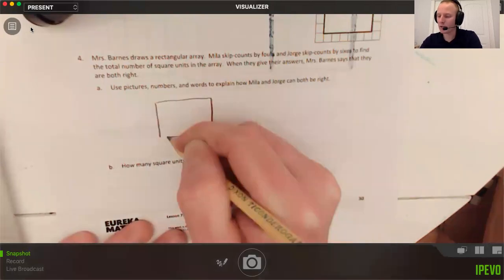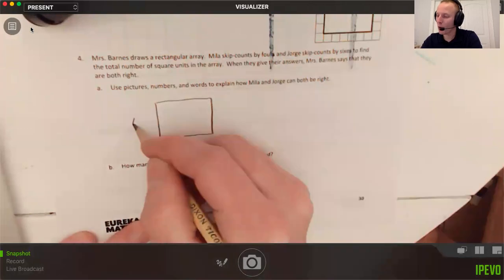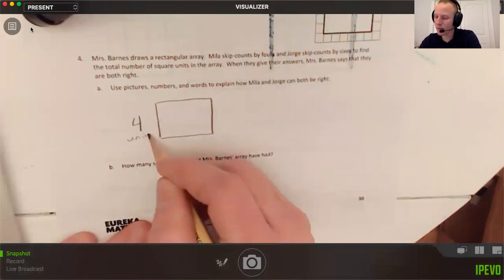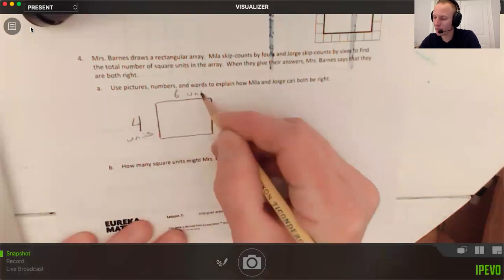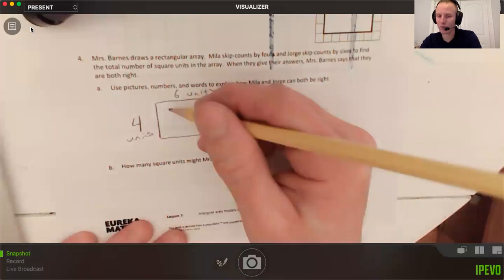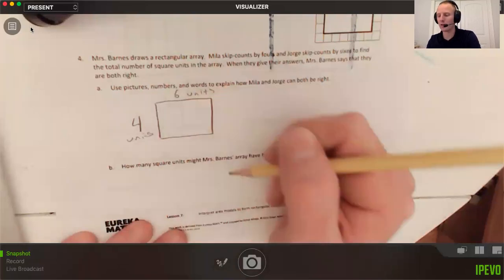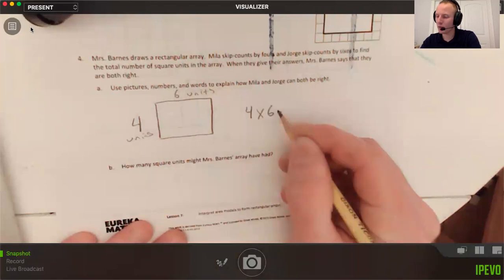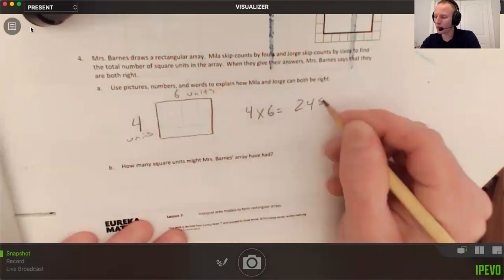or they probably were counting something that had 4, or do they have units on this? 4 units and 6 units, right? One of them was counting by 6s this way, and one of them was counting by 4s vertically, right? So 4 times 6 equals 24 square units.